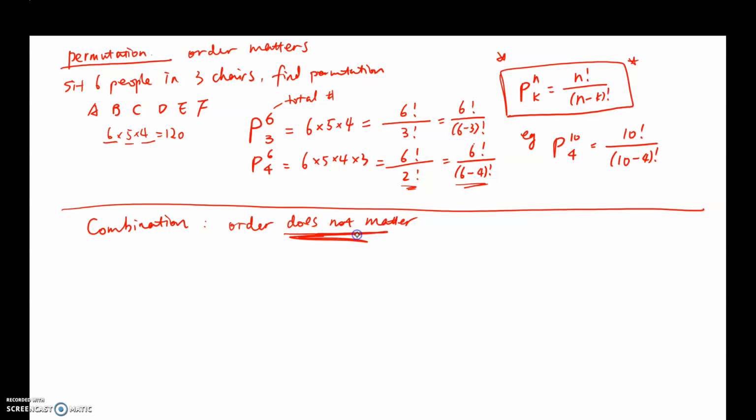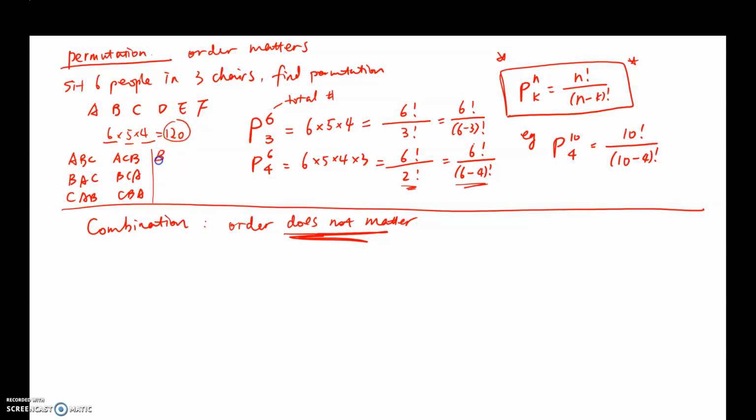Okay, so for example, in a permutation, I could pick 3 from 6. I could do A, B, C, A, C, B. I could do B, A, C, B, C, A. I could do C, A, B, C, B, A. That's 6 of them, out of 120 in total.